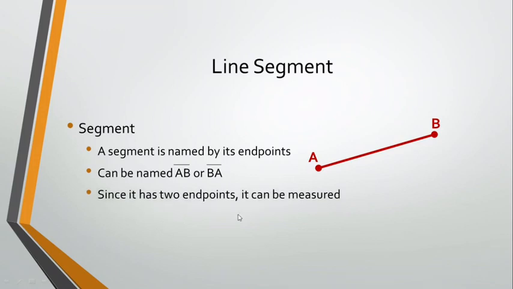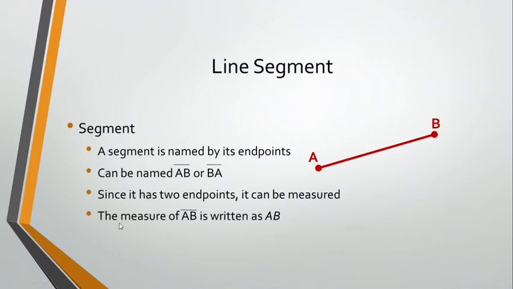Since it has 2 endpoints, it can be measured using a ruler or any other type of measurement system. The measure of segment AB is written as AB with no symbol on top of it. So anytime you see 2 letters with no symbol on top of it, that means you are looking for a measurement. That is a very important thing that you need to understand.